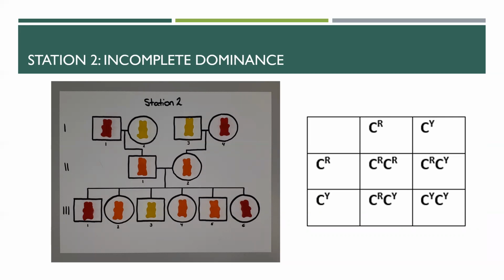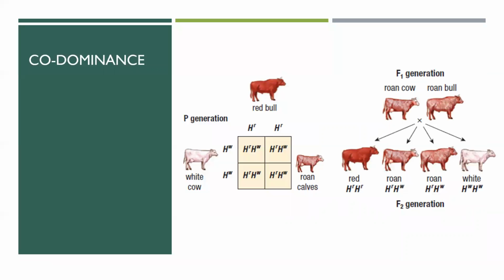We use C for the characteristic color, with superscripts R for red and Y for yellow to show that these alleles are equally dominant. We need a heterozygous genotype of red and yellow to produce the blended phenotype orange. So there's a 50% chance that a 7th offspring would be orange. Let's take a look at another pattern of inheritance.